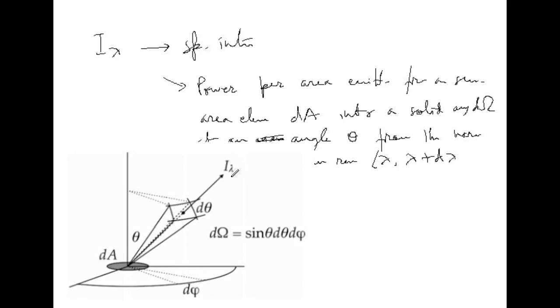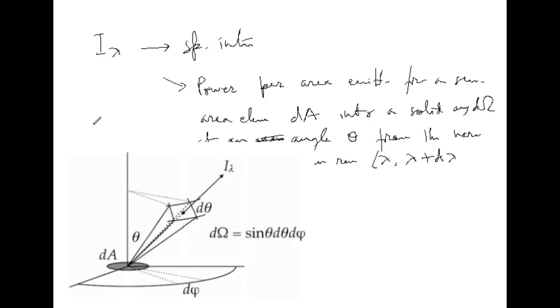What this figure shows you is the specific intensity I lambda and its orientation relative to the solid angle d omega and the emitting area dA. This is dA, the emitting area, and this is the specific intensity. Understand?